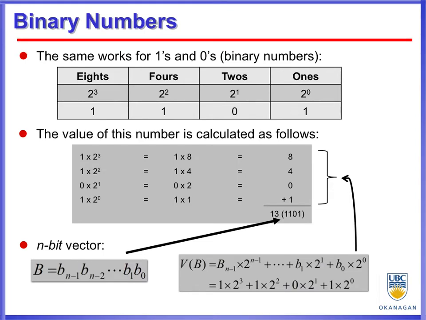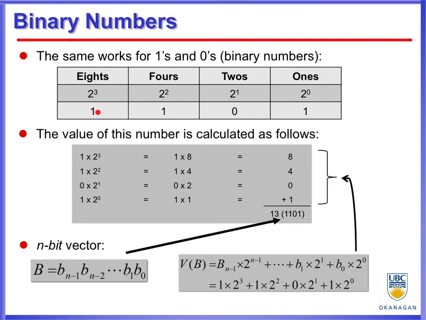If, for instance, we wanted to figure out what the value of the binary number 1101 is and express it as a decimal number, because we're so familiar with decimal, we just do the same thing. We take each digit and multiply it by its placeholder value and add them all up.